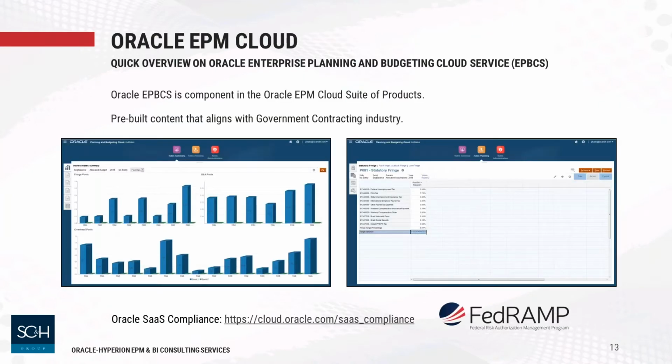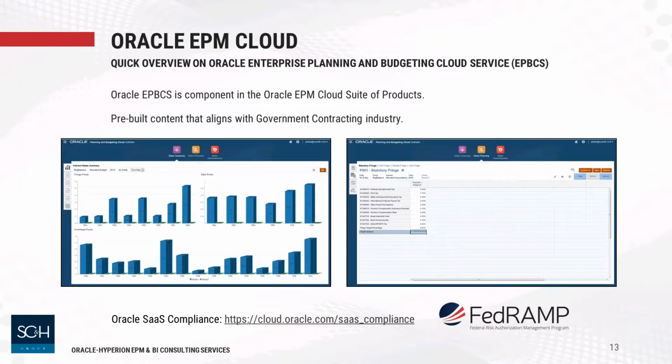So Oracle EPBCS, or Enterprise Planning and Budgeting Cloud Service, is a component within the Oracle EPM Cloud suite of products. It is a true cloud platform that's managed by Oracle, and it eliminates the need for any internal hardware requirements or IT overhead.